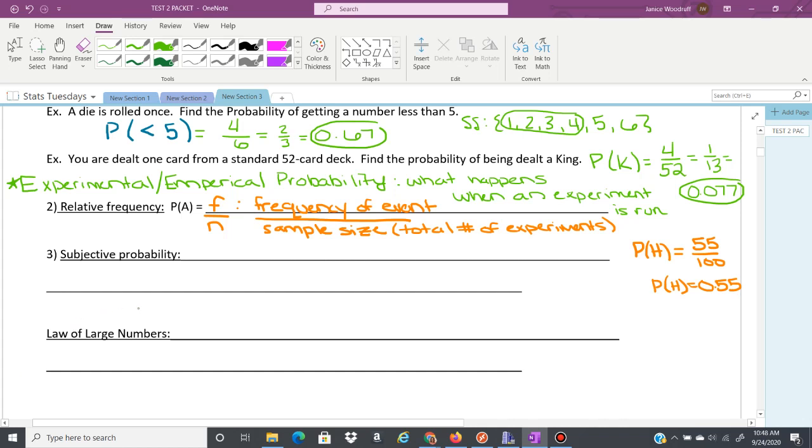When you're given an example, you have to see whether they said they actually did the experiment or not. The probability formula is the same: how many events actually occur versus the total sample size. We'll look at some examples; it's very easy to differentiate. Subjective probability, we don't really do much calculation with, but you do need to know the definition. It's the probability assigned to an event based on a judgment.